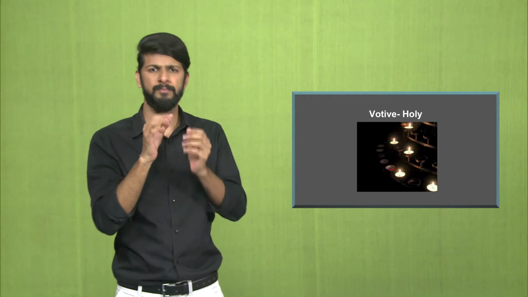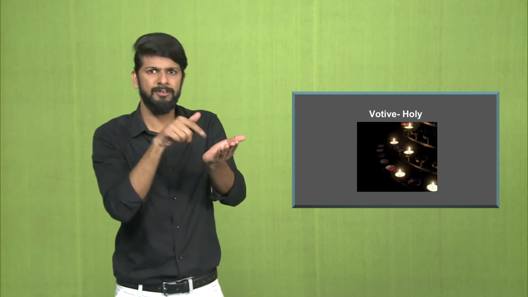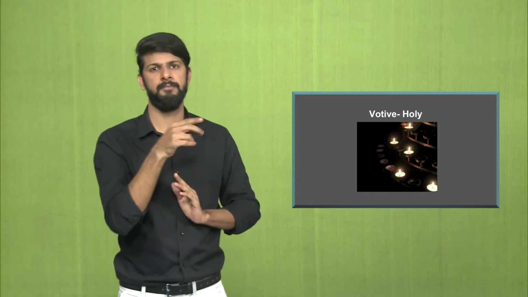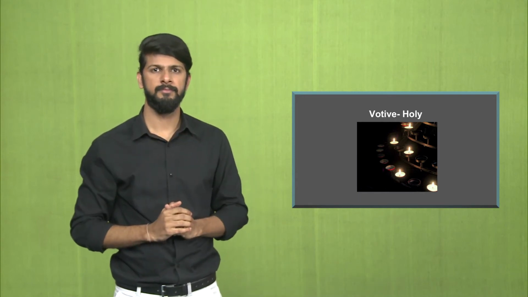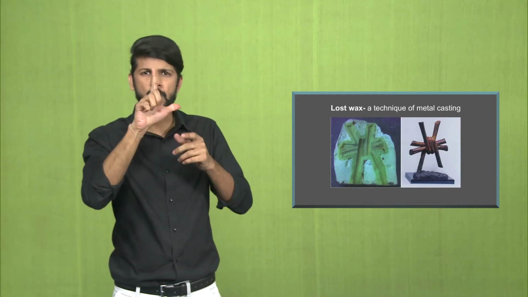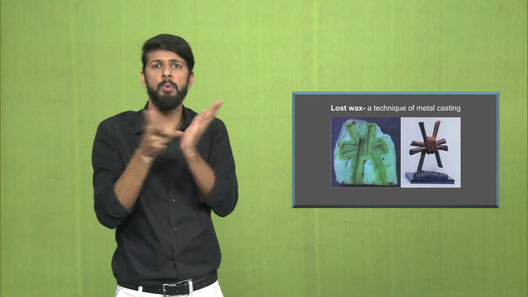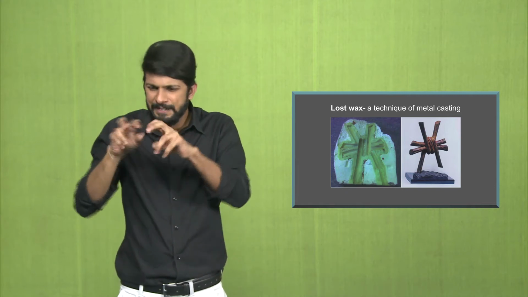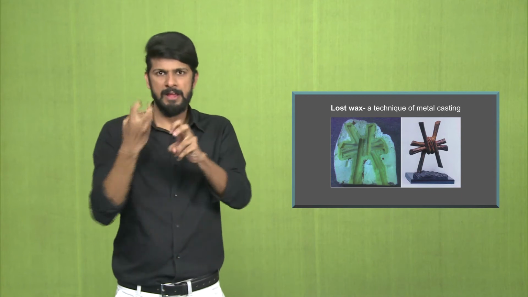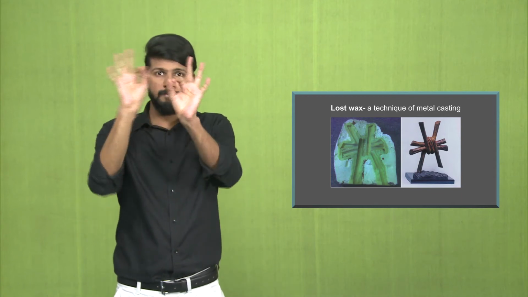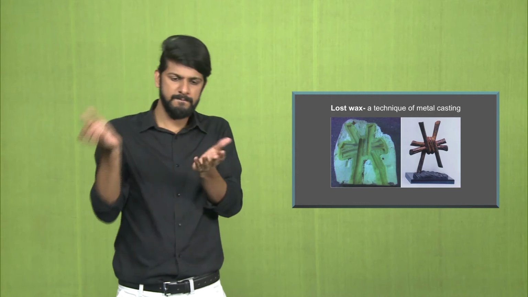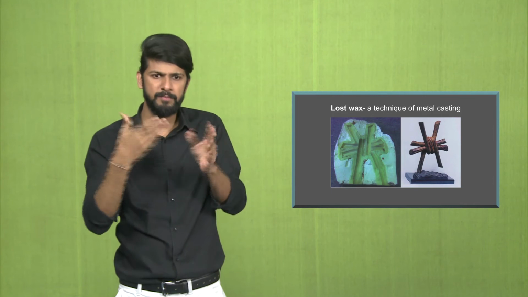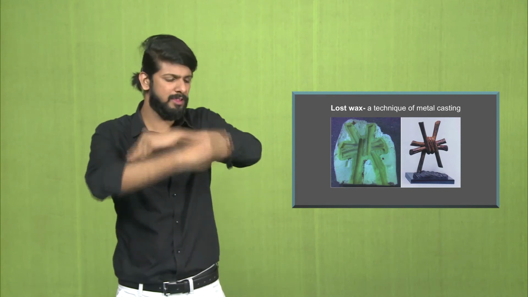Votive is something holy which is used as an offering in religious rituals. Lost wax, this is a technique of metal casting. So, when the metal is procured or found from natural resources, it goes through various processes.